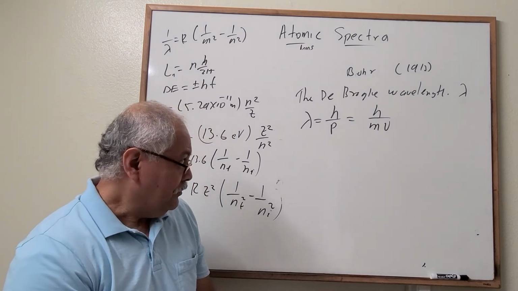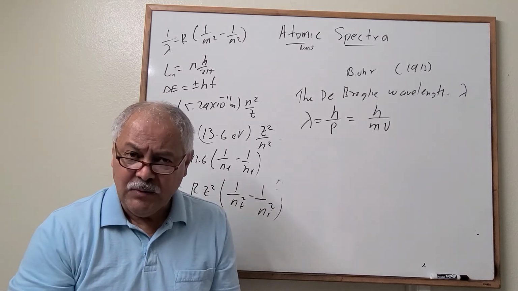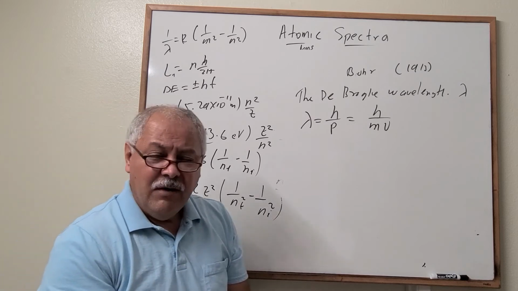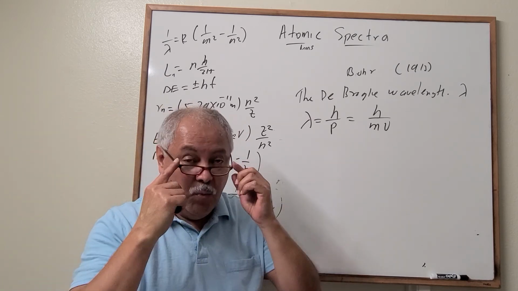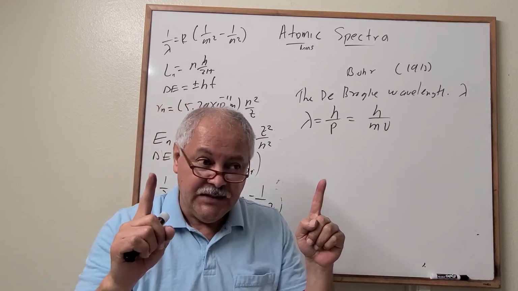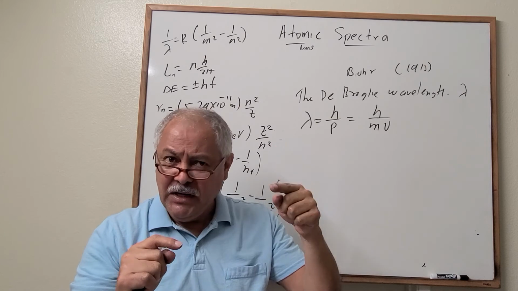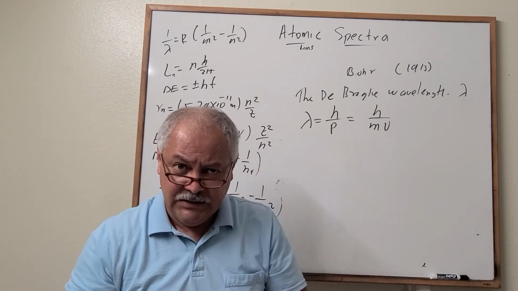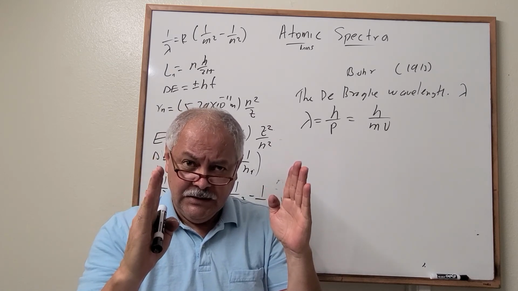So if the electron behaves as a wave and is in a circular path, we are familiar, for example, with the standing waves that are sustained between two fixed points. The same thing happens with the electron. The electron moves over a specific distance, just as standing waves do.